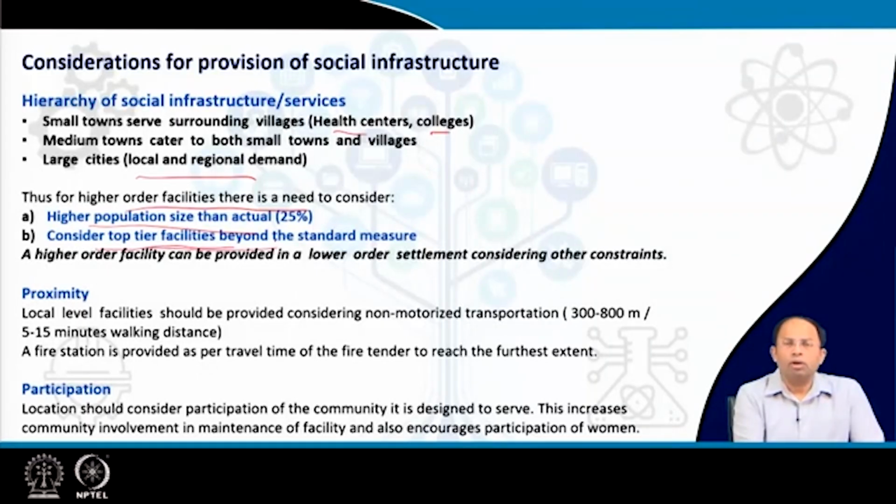That means certain order of facilities like certain engineering colleges or maybe IIT could be kept outside this standard calculation, and if there is a provision to bring those kinds of infrastructure to that area, they should be brought to serve the entire region.